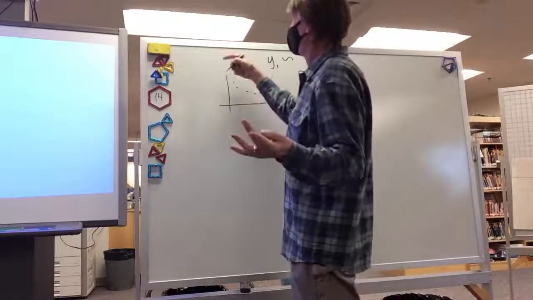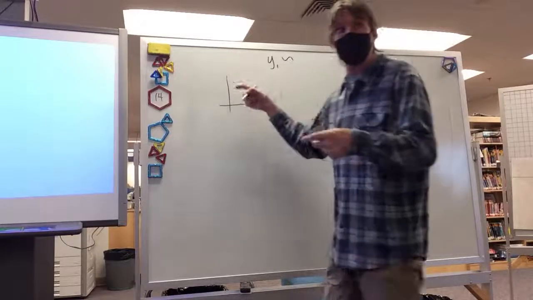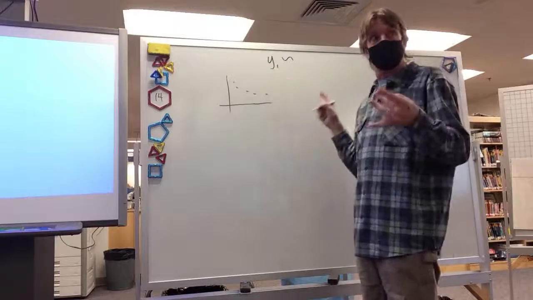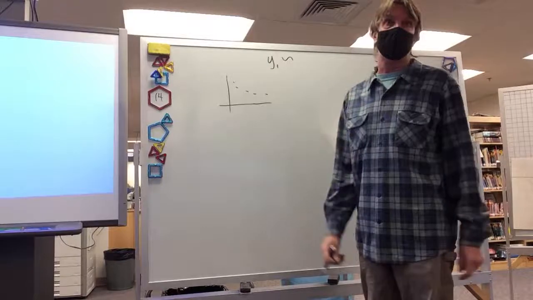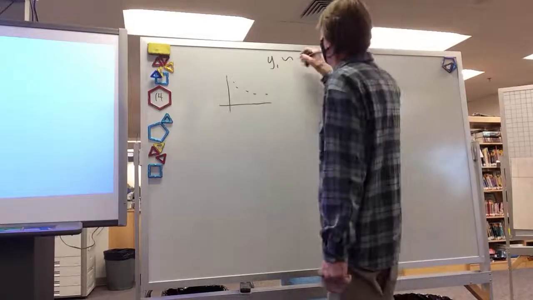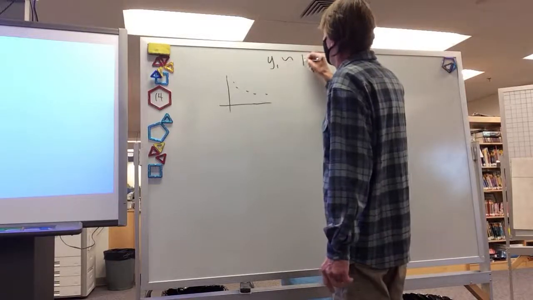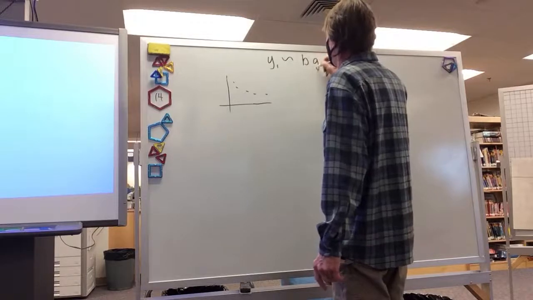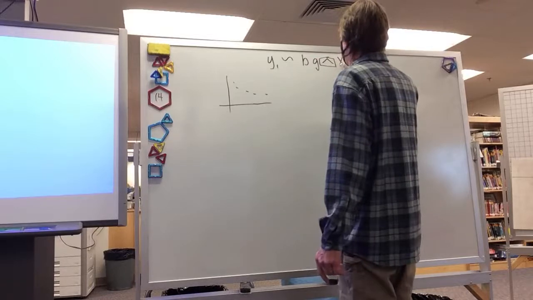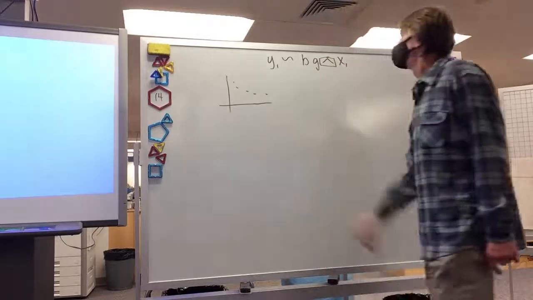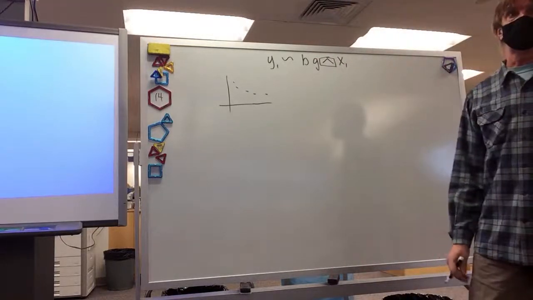Normally what we might do is have some equation that we're given, and then we plot the graph with points. But here we already have the points, so we go back and figure out what the equation was. That's why they call it a regression. So then our form is going to be b, g, and then you do raised to, and then you do x sub 1. And it kicks it out.